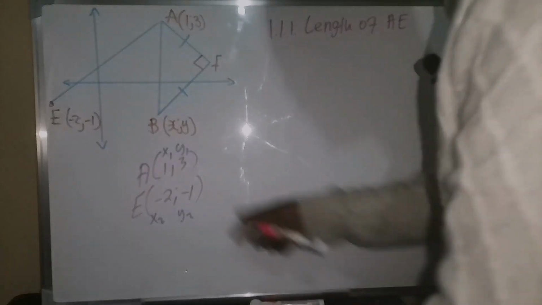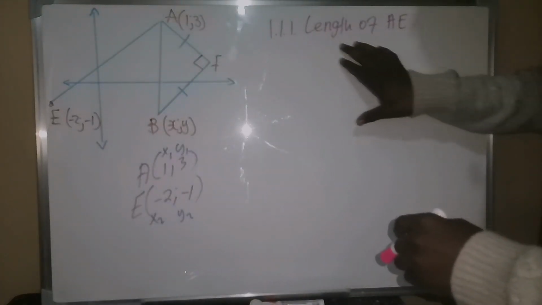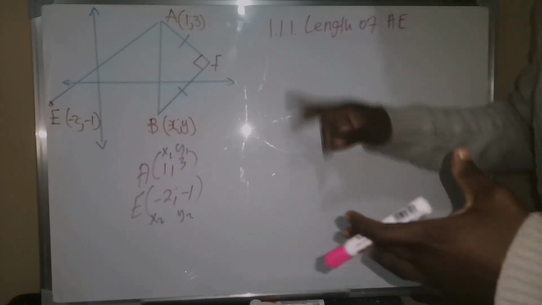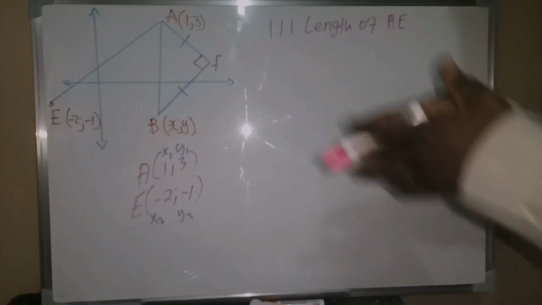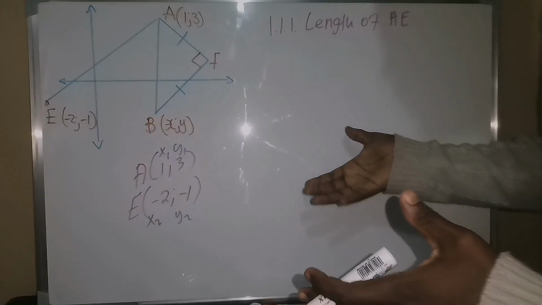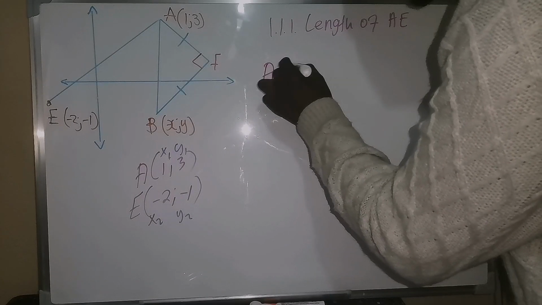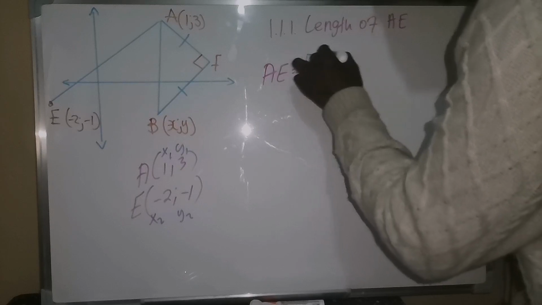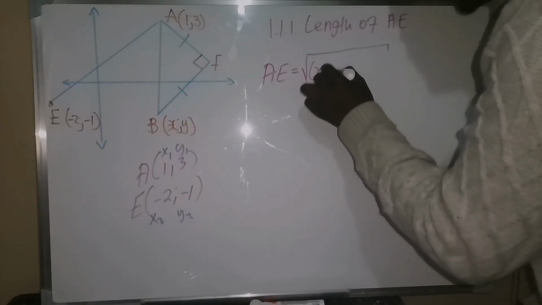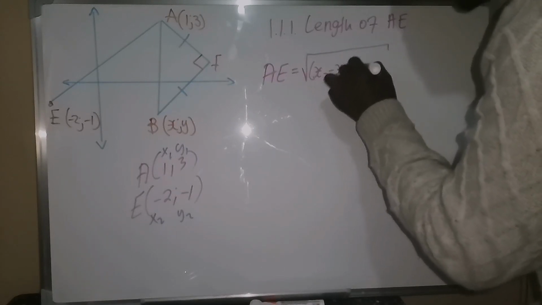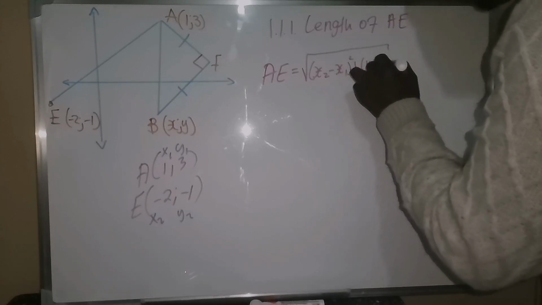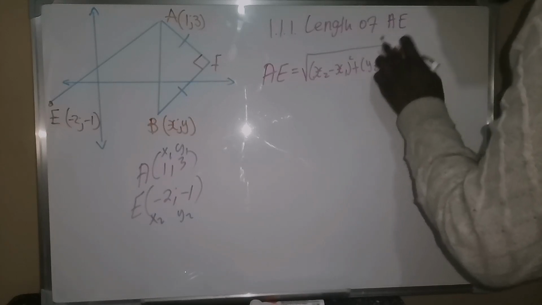After labeling them, you come back to your question. The question wants the distance between A and E. How do you find it? As usual, the distance formula. AE equals the square root of (x2 minus x1) squared plus (y2 minus y1) squared.